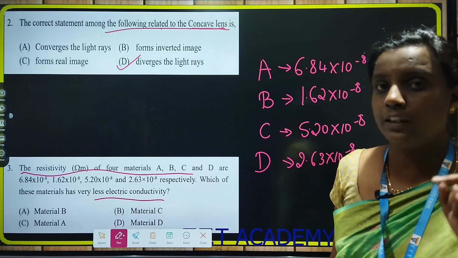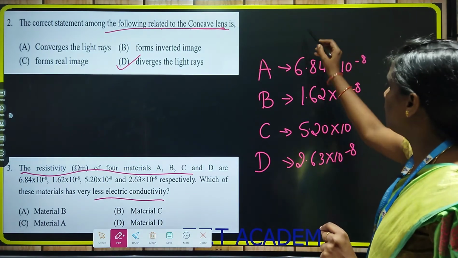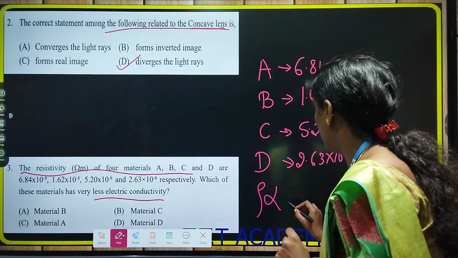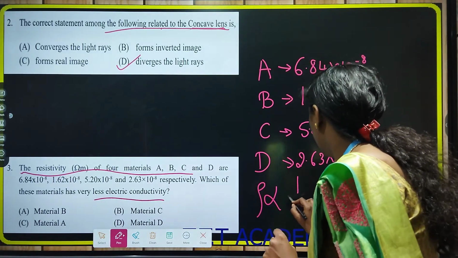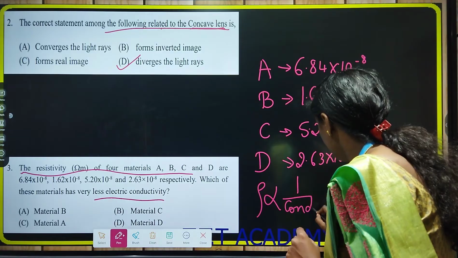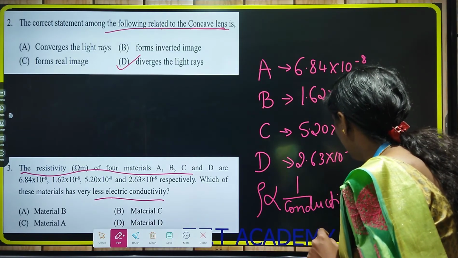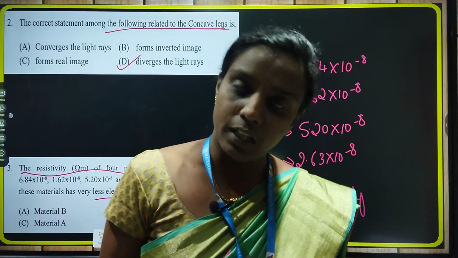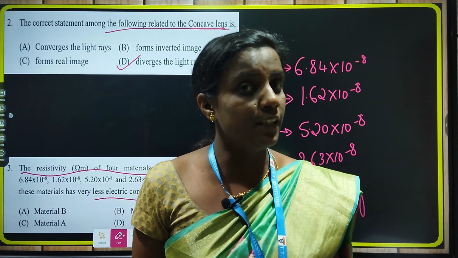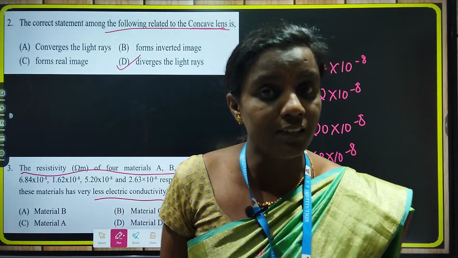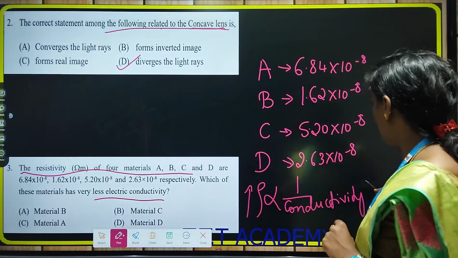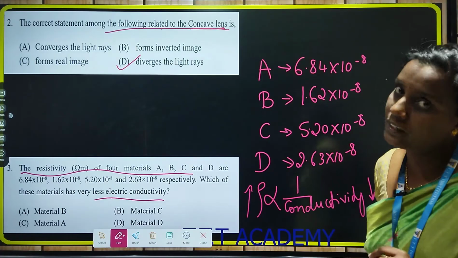One thing you should keep in mind, resistivity will always be inversely proportional to conductivity. So, what will be the answer, children? Where there is more resistivity, there will be less conductivity, right?